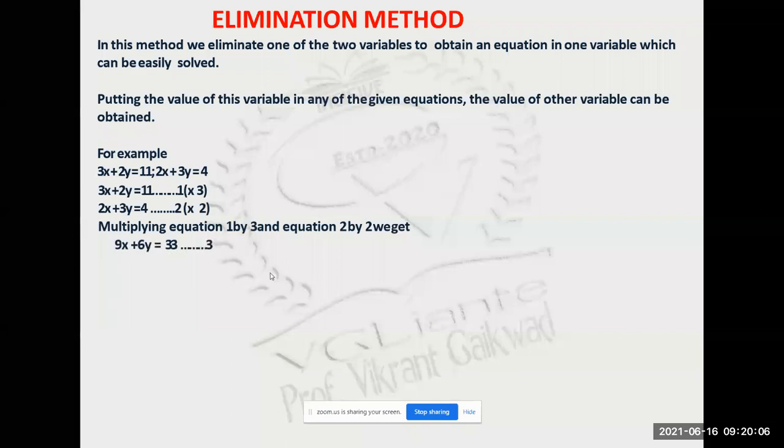So we are making the coefficient of y the same. Multiplying equation 1 with 3, we get 9x plus 6y equals 33. And the second one we get 4x plus 6y equals 8. The coefficient of y has now become the same, that is 6y, 6y. Check the signs here. Plus, plus. Both are the same. So we'll subtract.